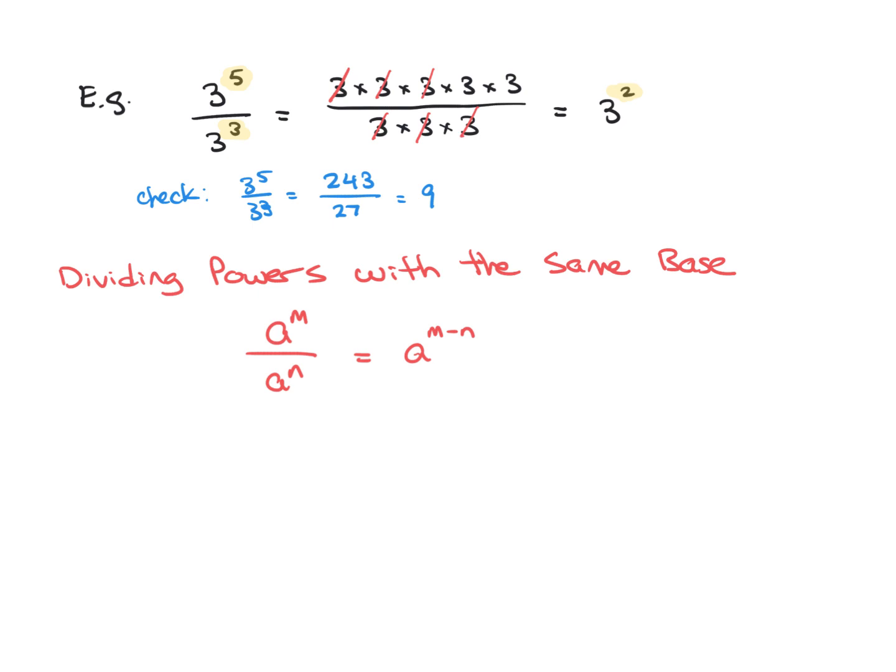Do some quick examples. We can have a to the 7 over a to the 4. So you still have to ask the question, do they have the same base?